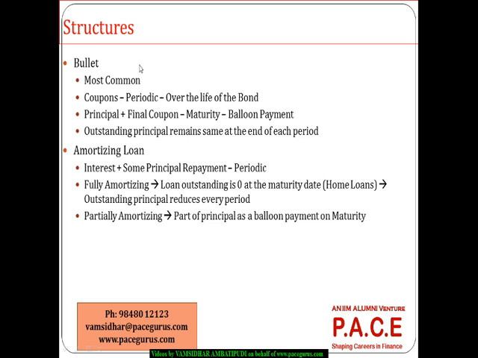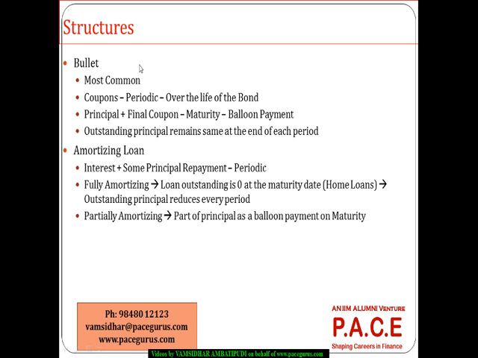So it's not just the coupon or the interest that is paid. Along with that, a portion of the principal might also be repaid. Those kinds of bonds where some amount of principal repayment also occurs along with the interest are called amortizing loans.